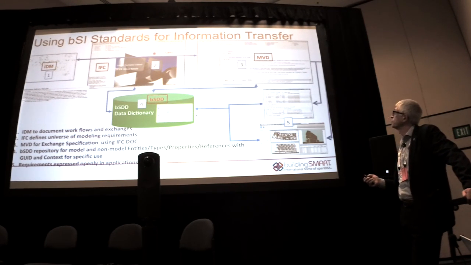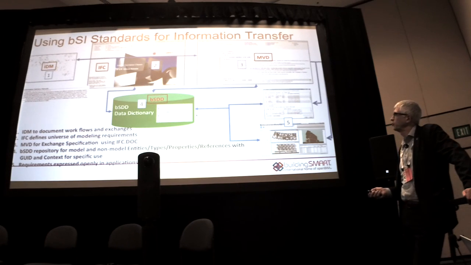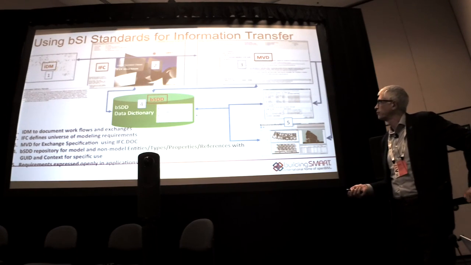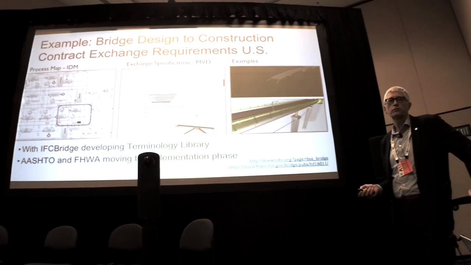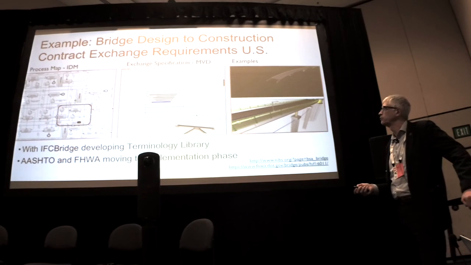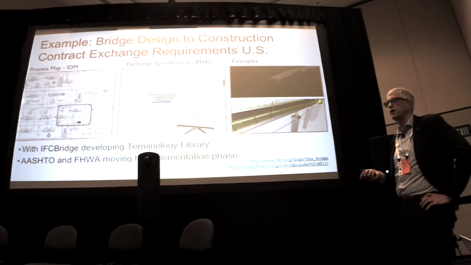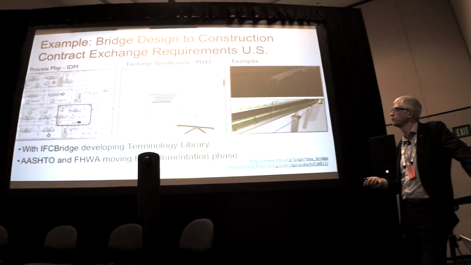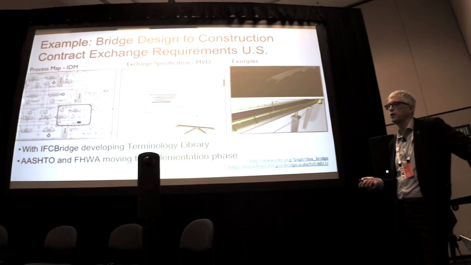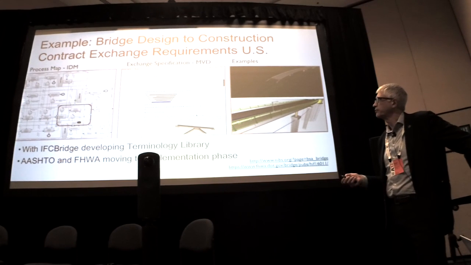And this happens to be based on, I think, an example that we did for bridges, but it's really kind of a generic workflow. So we had a project for Federal Highway where we were able to develop for bridges a way to use a standard process for modeling bridges, that we developed this complete process map, which is an information delivery manual based on IFC, to say, what are all the exchanges that need to happen of information across the project lifecycle?